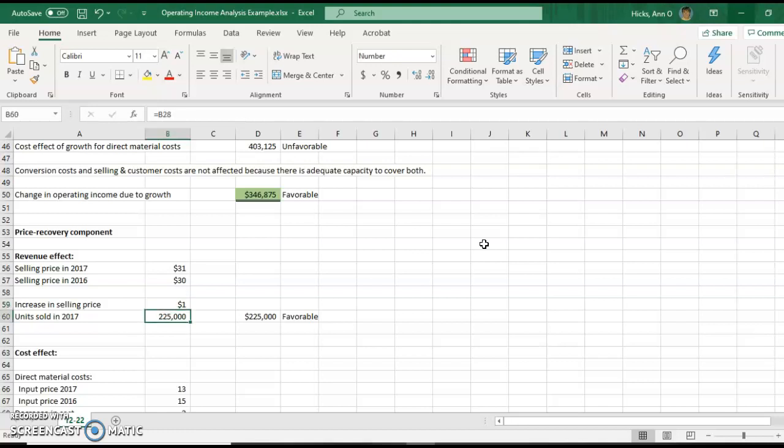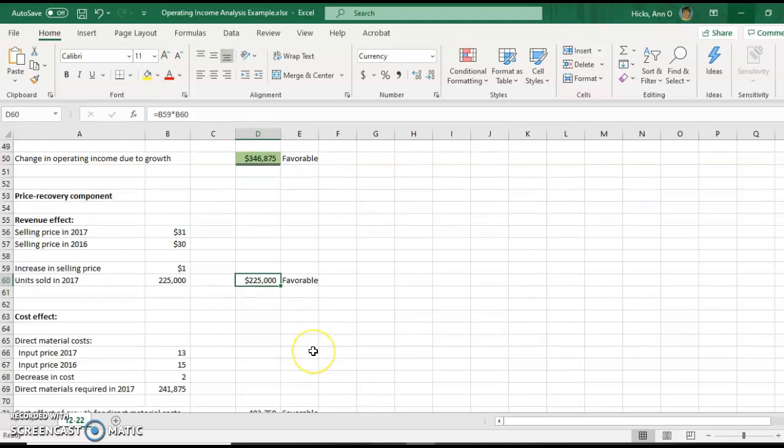If we then multiply that by the number of units that we sold in 2017, what we find is that $225,000 of our increase in operating income is due to that increase in selling price. So we have both a favorable increase in selling price, and from the previous example, we also had a favorable increase in number of units.